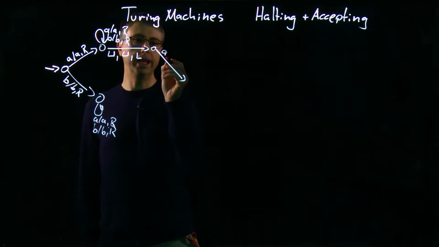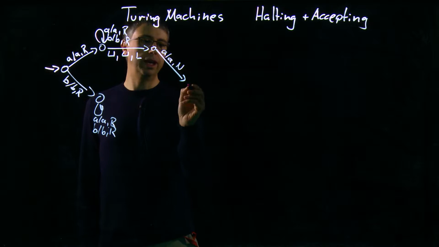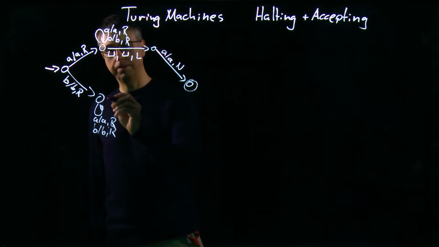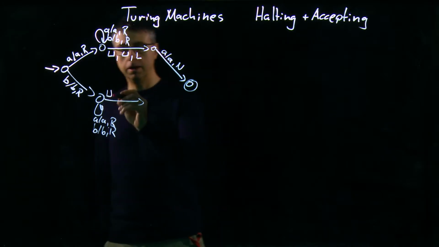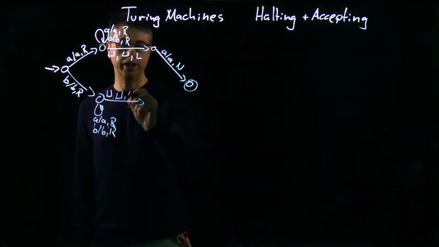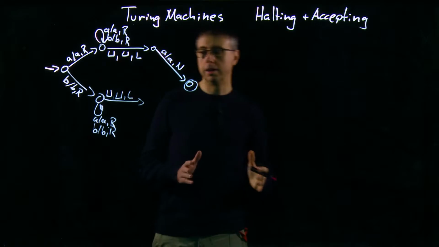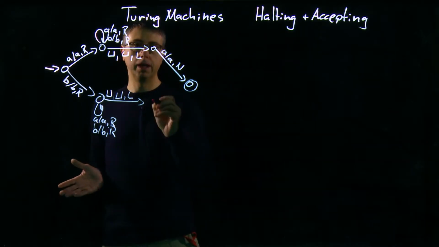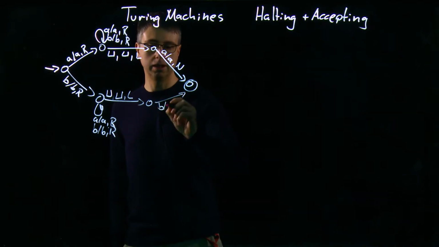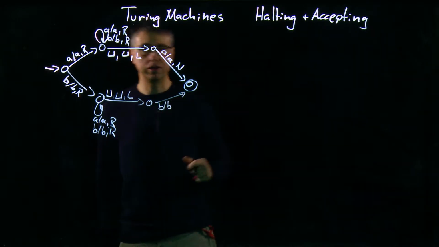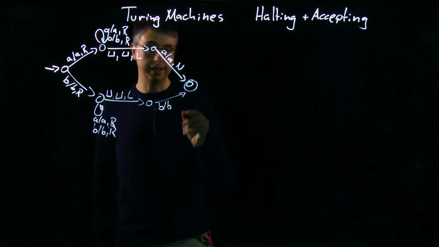So if there is an A, we just keep the A and we do not move the head and we go to an accepting state. And similarly here, if we encounter a blank, then we know we have reached the end. We go one position to the left with the head, and then we should have a B in this case, because here our first letter was a B, so our last letter should be a B.